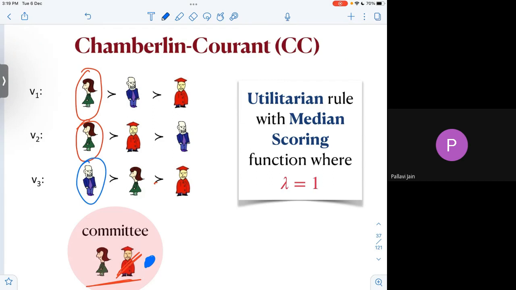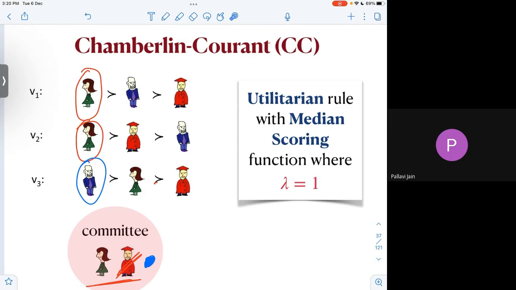Earlier the difference was not clear, but now you see. Basically you need to subtract m minus 1 plus m, like 2 plus 2 plus 2. That is the score for this particular committee. And your goal is to find a committee which maximizes this score.